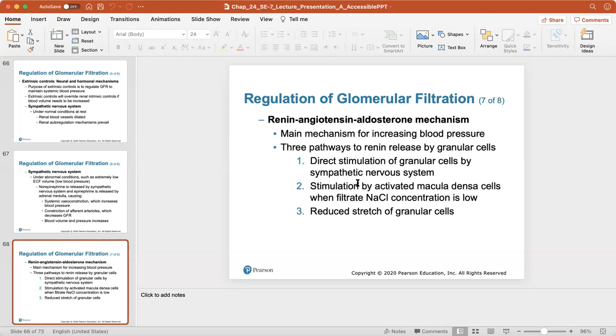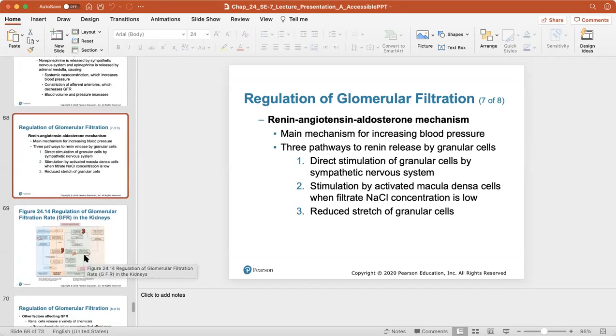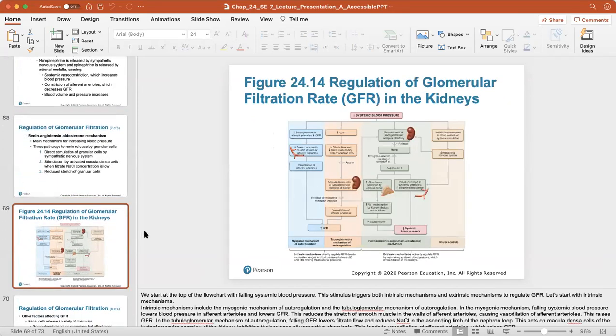If your blood pressure drops, if you lose a lot of blood, there are 3 pathways to renin release by granular cells: direct stimulation of granular cells by the sympathetic nervous system, stimulation by activated macula densa cells when they pick up that your filtrate sodium chloride concentration is low, and reduced stretch of the granular cells. So anytime systemic blood pressure drops, the decrease in blood pressure in the afferent arteriole causes a decrease in GFR.